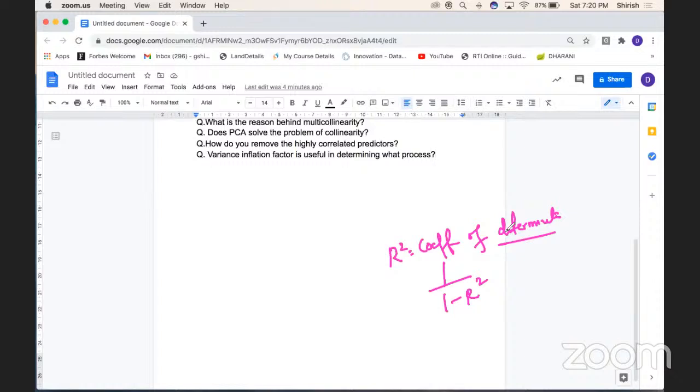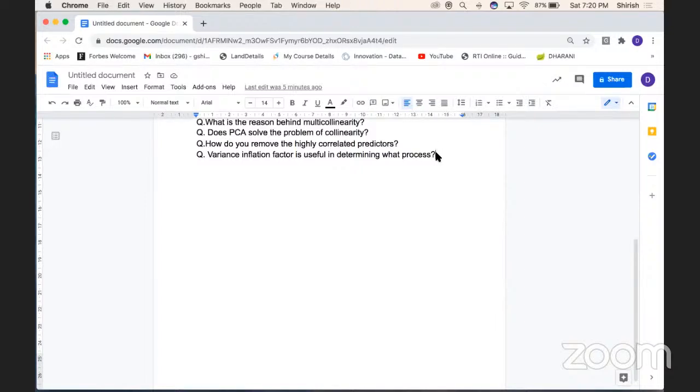Okay. Do you have a package or any function to calculate this variance inflation factor directly in Python? How can you calculate VIF in Python? From which package can you pull this particular value?